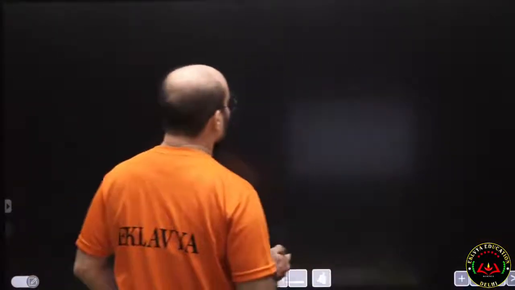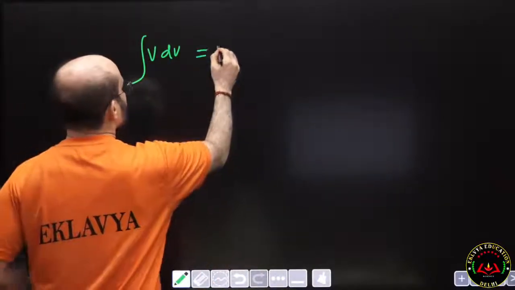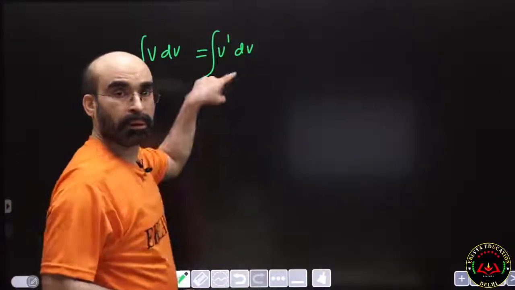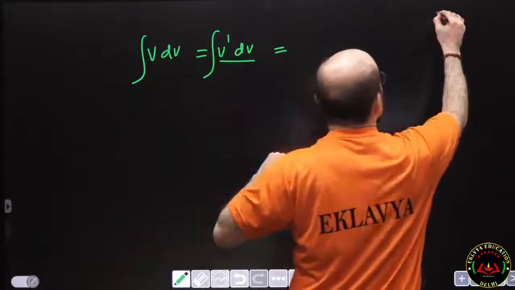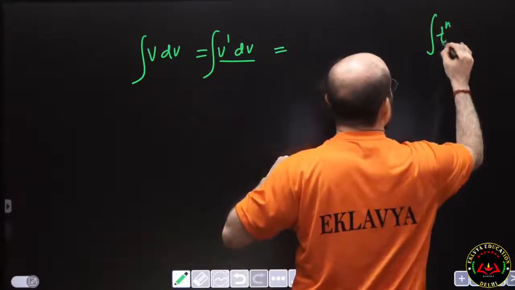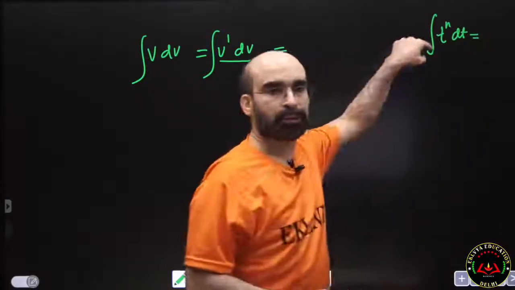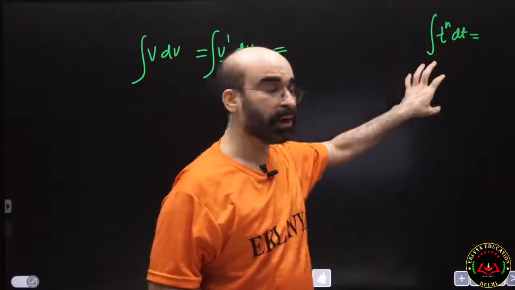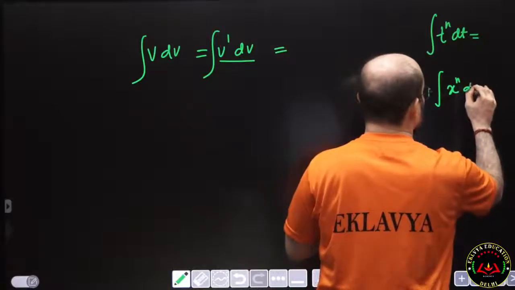When we have v into dv, this means v raised to power 1 into dv, right? In this case, apply the formula. What is the formula? t raised to power n, or any variable can be there. It could be in terms of x raised to power n into dx.